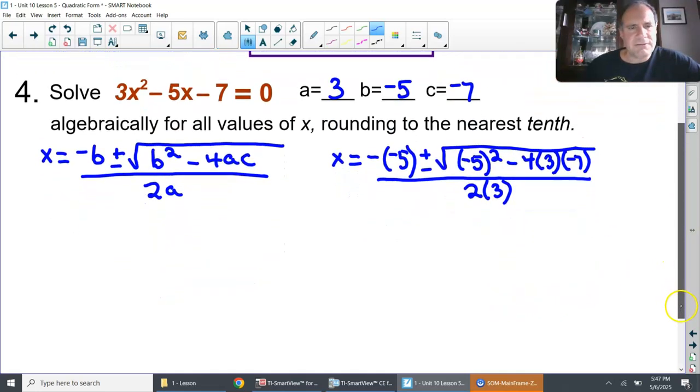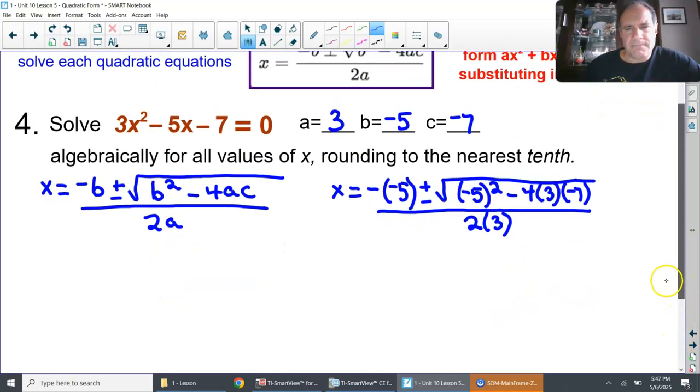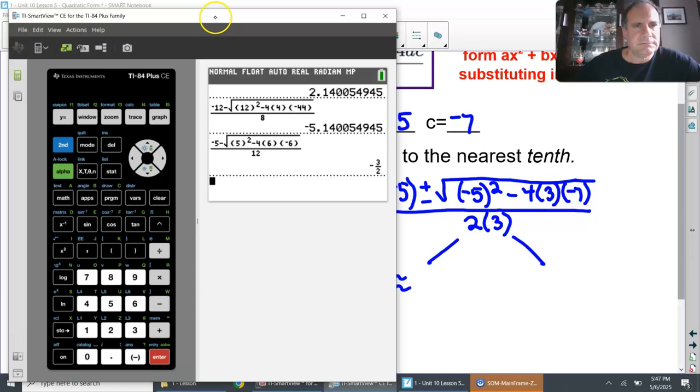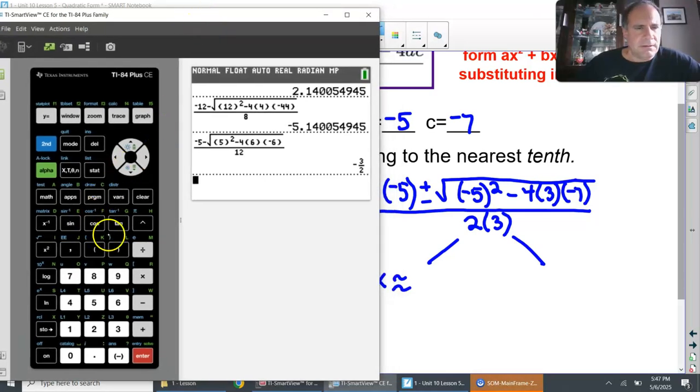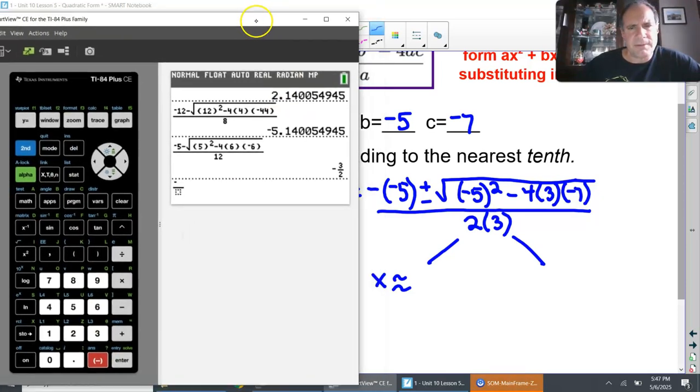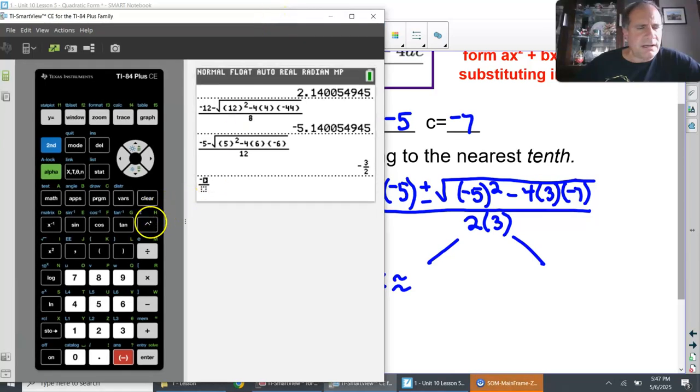We're going to round to the nearest tenth, so I'm just going to set up x and then squiggly equal. And this is alpha x, and this is negative, right? But double negative. So -5. If you want to put it in that way, or if you just want to make it a positive, that's fine.